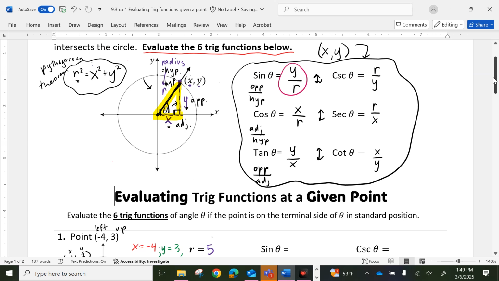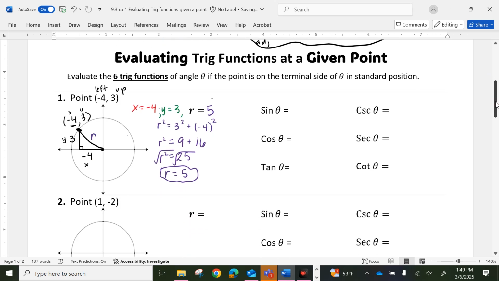It's not really doing what I want. Okay, there we go. So we see that sine is y over r. And so we'll just go ahead and write y over r. So y is 3, and r is 5. And so 3 over 5. Nothing can reduce. I don't need to move a root. I'm good to go.